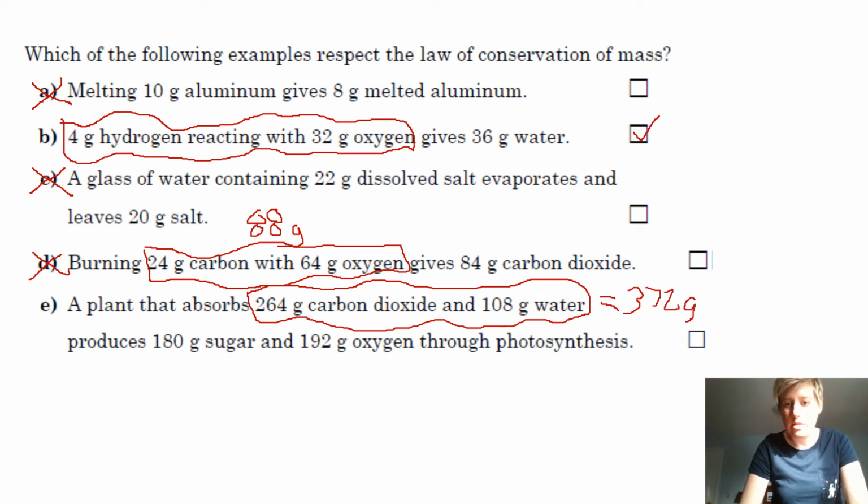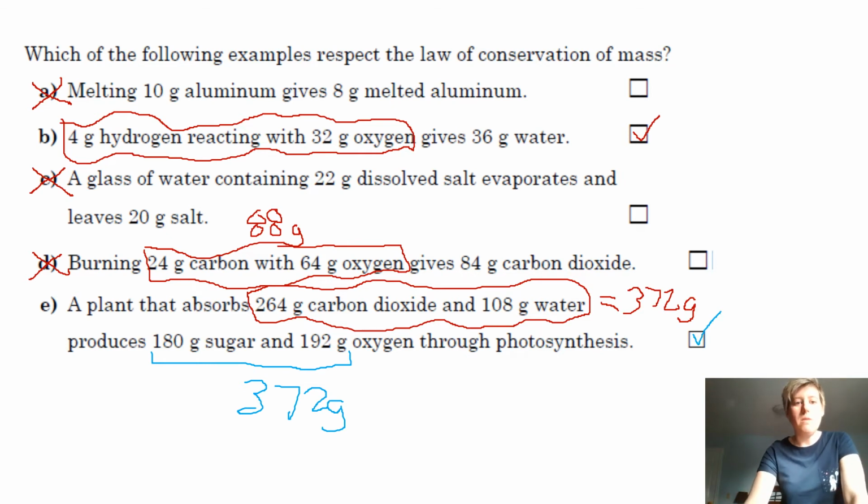If this is showing the conservation of mass, then when I add 180 plus 192, I should get 372. And if I add them together, guess what? I do get 372 grams. So in our 5 examples here, only B and E show conservation of mass.